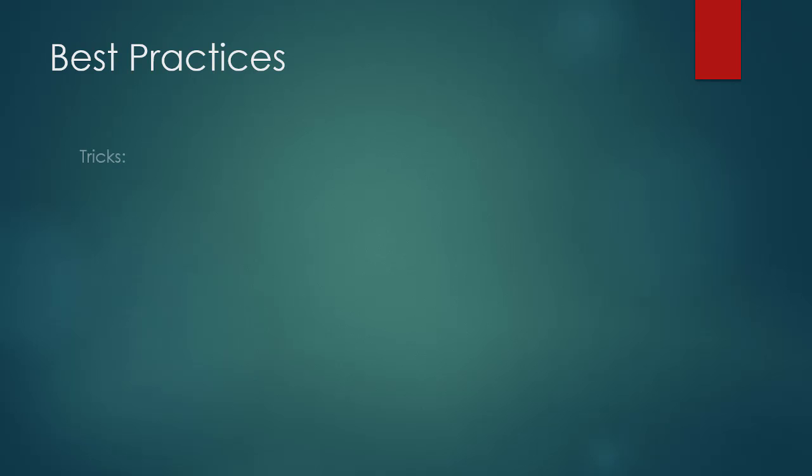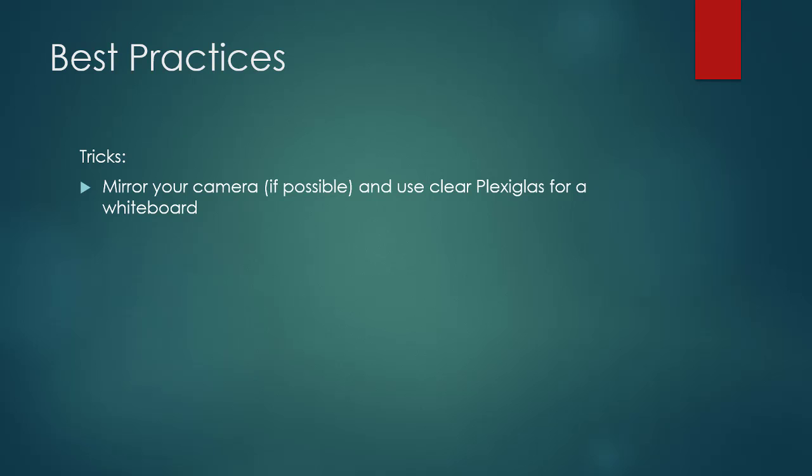So moving on with some more best practices, let's talk a few tricks here. I use the math example, and I've seen this quite a bit, where instructors would purchase clear plexiglass, and their camera had an inverse function. As they wrote on the board, the camera would flip it so it would present correctly to their students.